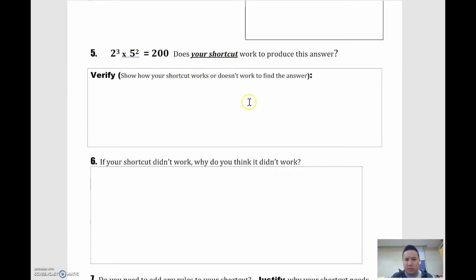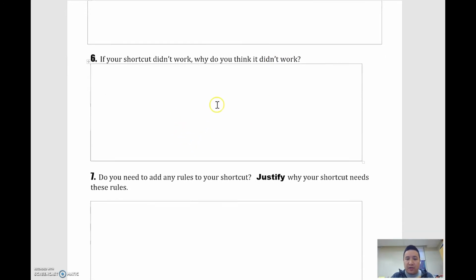All right. Then part 5, they want you to take a look at this expression and see if your shortcut applies. So try it out here. See if you get the same answer, which is supposed to be 200. If it works, just show me how it works. If it doesn't work, show me how far you get along and then just compare the answers and say, this doesn't work. Then in part 6, they want you to explain why you think it didn't work out.